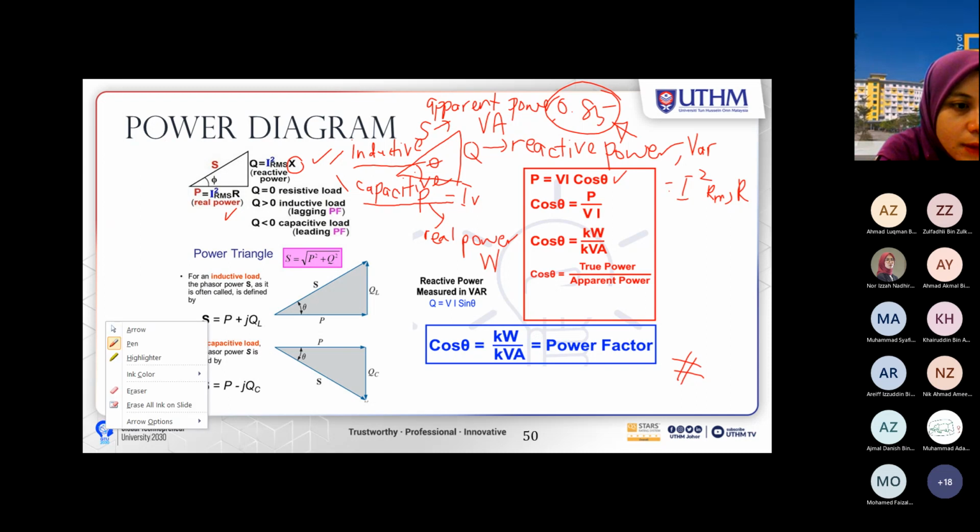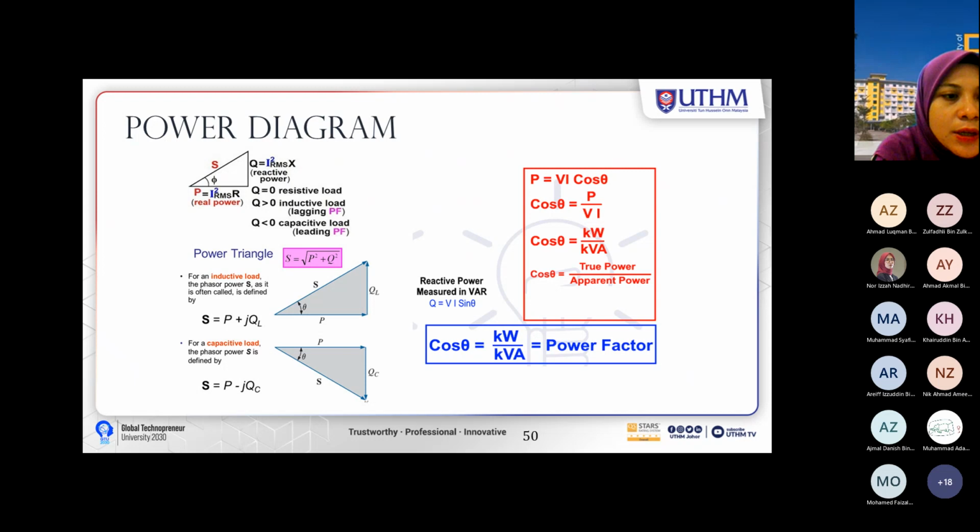Okay, so basically kalau Q sama dengan kosong, is the resistive load. Kalau Q tu tak ada, means that dia ada P sahaja. So S sama dengan P sebab kita tahu S sama dengan P campur jQ. Jadi kalau kita ada P saja, dia adalah resistive load.